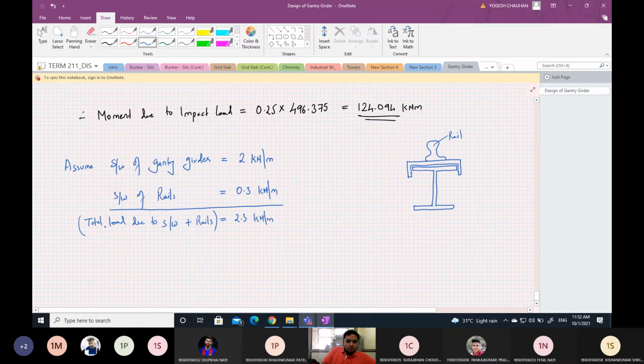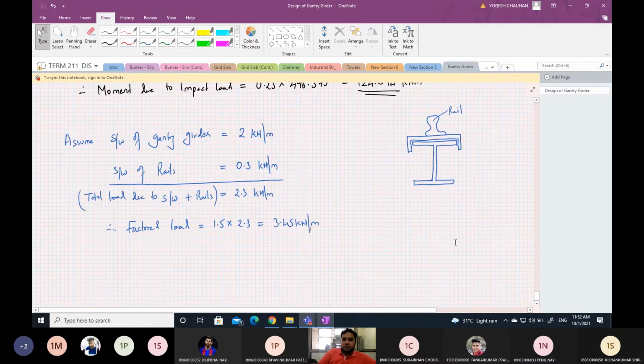So the factored load will be 1.5 times 2.3, it will be 3.45 kilonewton per meter.